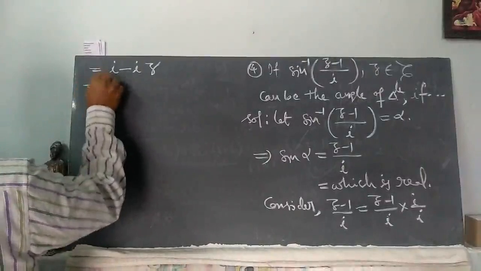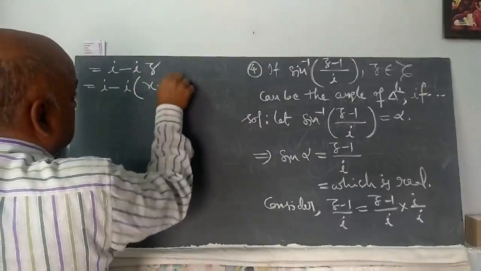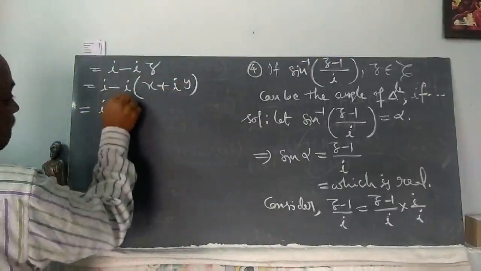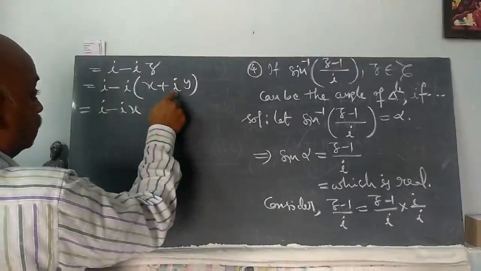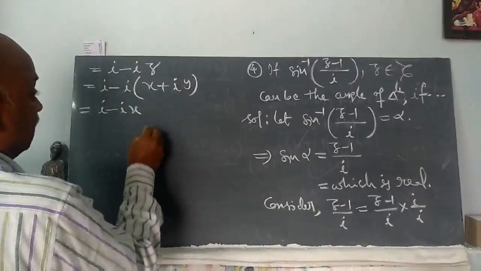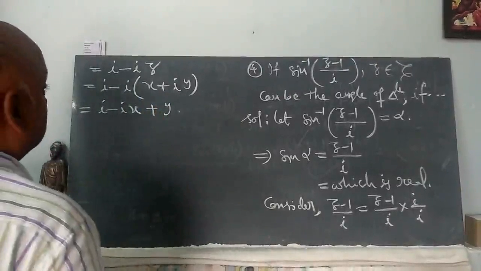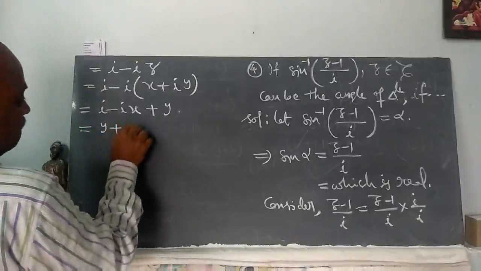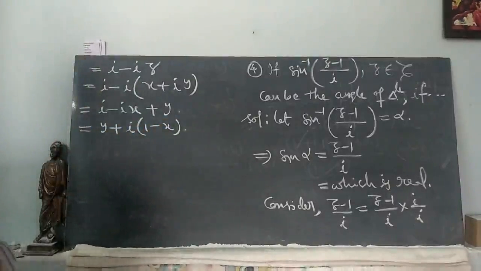This is equal to i minus i into (x plus iy). This is equal to i minus ix minus i into iy, which is minus i square y, which is plus y. So this is equal to y plus i into (1 minus x).